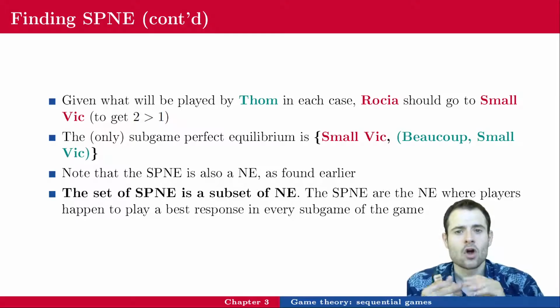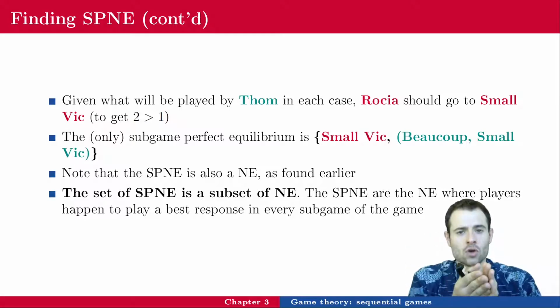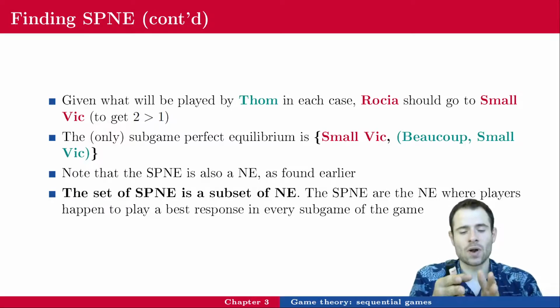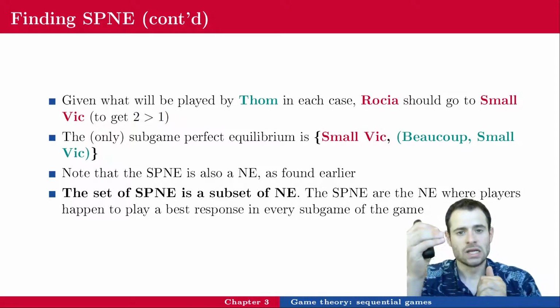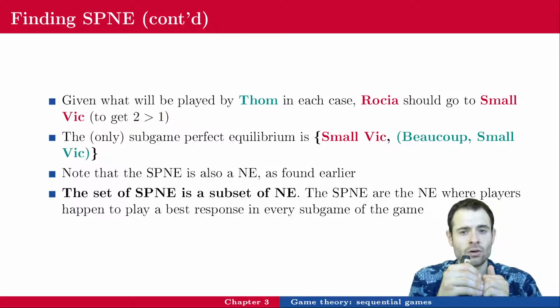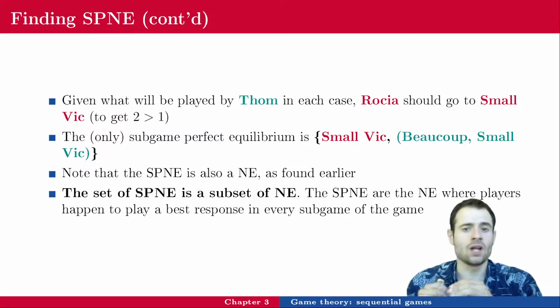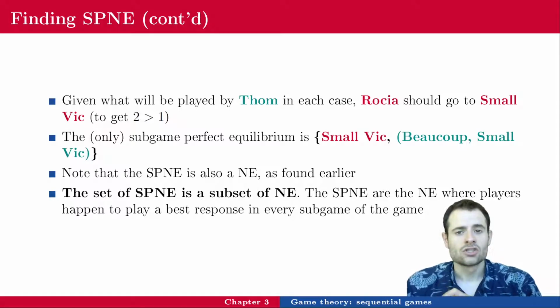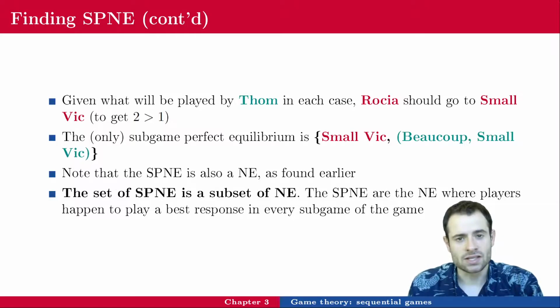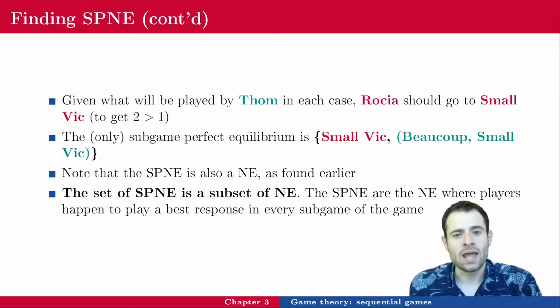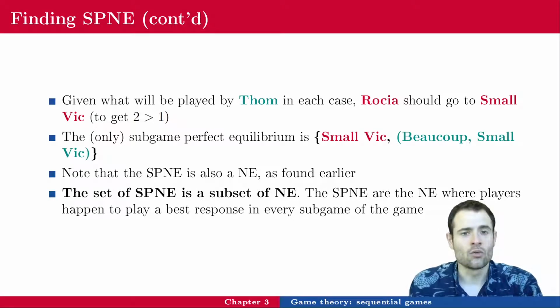So he is rational and plays the best response in one scenario, one history, but not in the other history. Subgame perfect is refining the notion of a Nash equilibrium because it makes players play consistently, in a rational way, in every possible history.